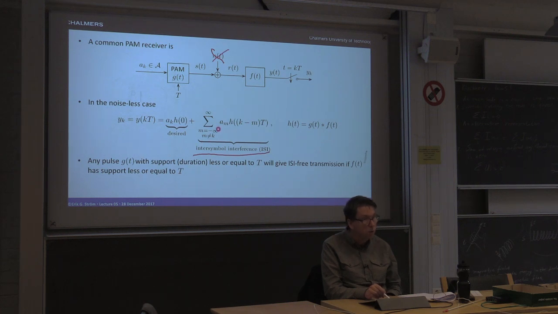So this is some other symbol that we don't necessarily care about right now. And then it's multiplied with samples of the H signal. So this is an interference term. It's a term which interferes with our ability to figure out A_k. And since it's due to other symbols, it's called intersymbol interference.